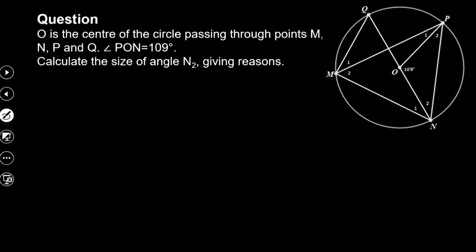So to calculate the size of N2, right? So I will say in triangle PON, right? PO is equals to ON. And my reason for this is radii, right?